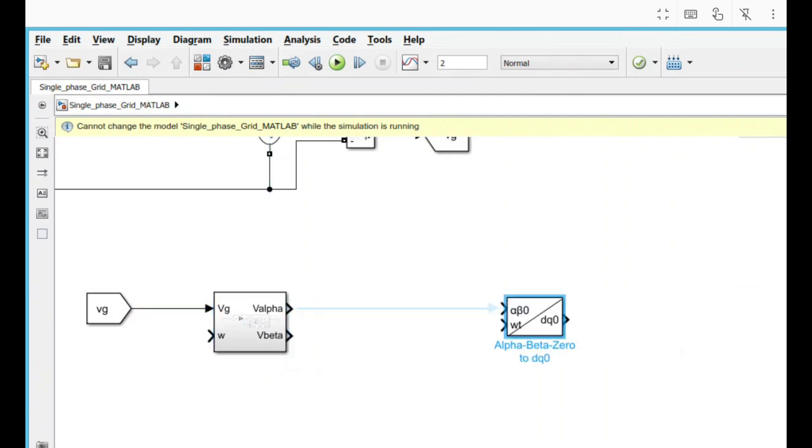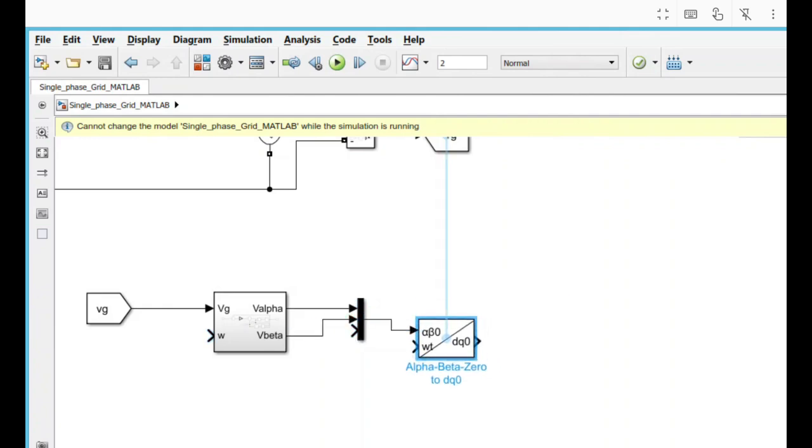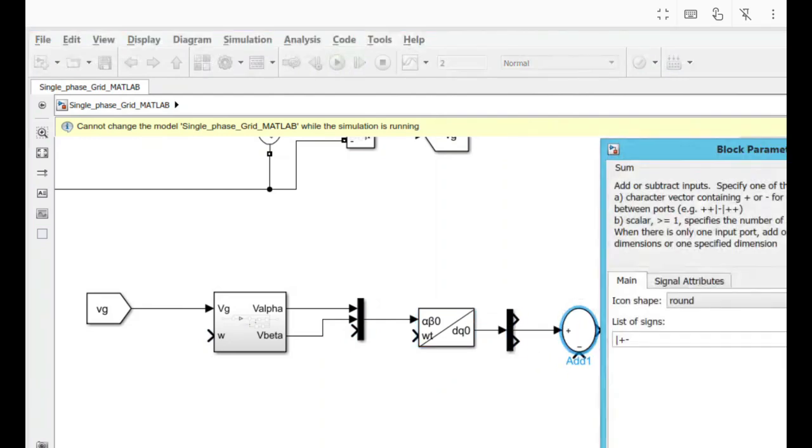So this is passed through the alpha beta to dq0, and again in dq0 we are making the q axis equal to 0.